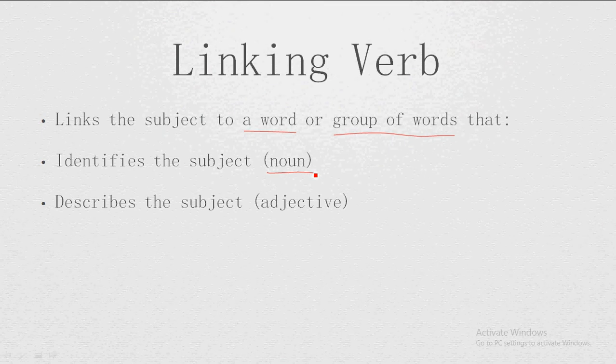A linking verb also describes the subject. It can also link the subject to a word or a group of words that describes the subject. Those words that describe the subject are adjectives or an adjective.